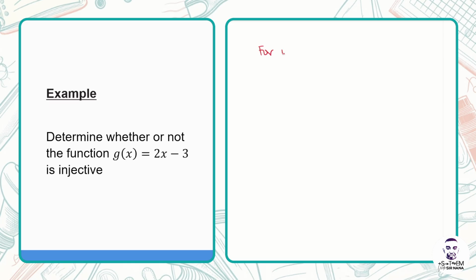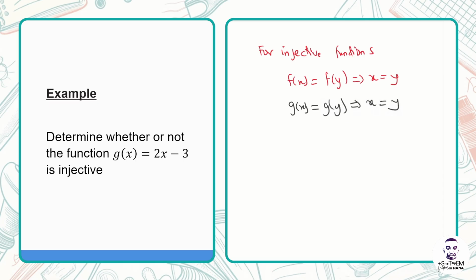For injective functions, f of x is equal to f of y implies that x is equal to y, right? So we write out the function given, g of x. So we could write this as g of x is equal to g of y implies that x is equal to y, right?